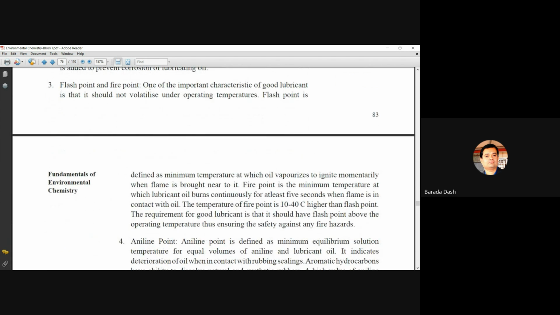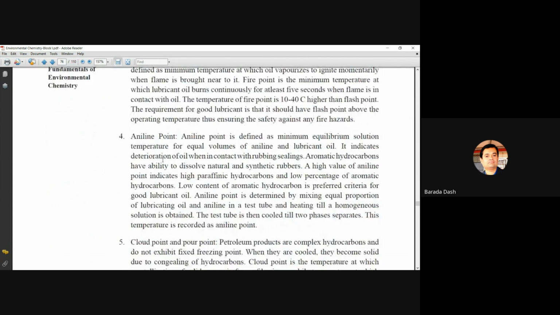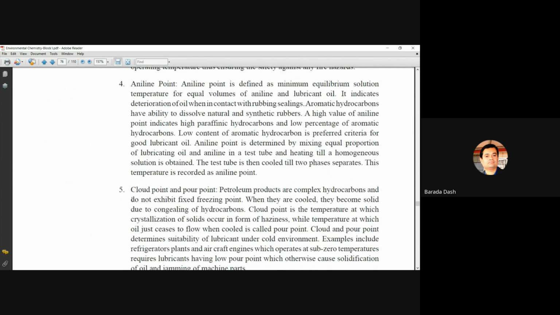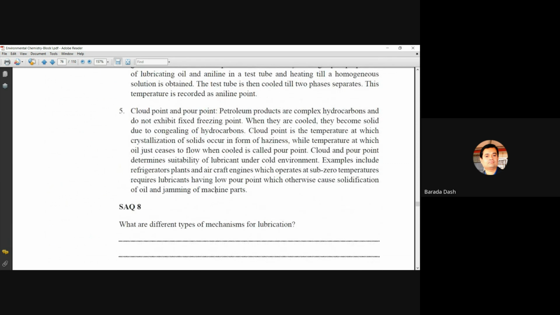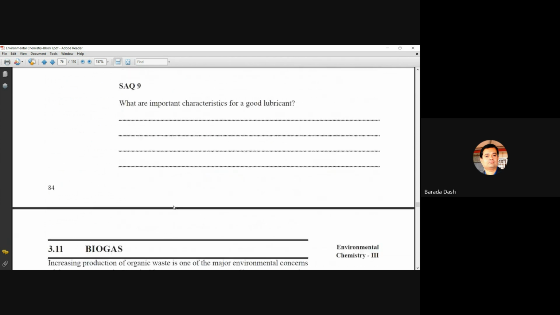Flash point and fire point, then aniline point, then cloud point and pour point. These are different parameters by which you can describe or compare the properties of different lubricants.